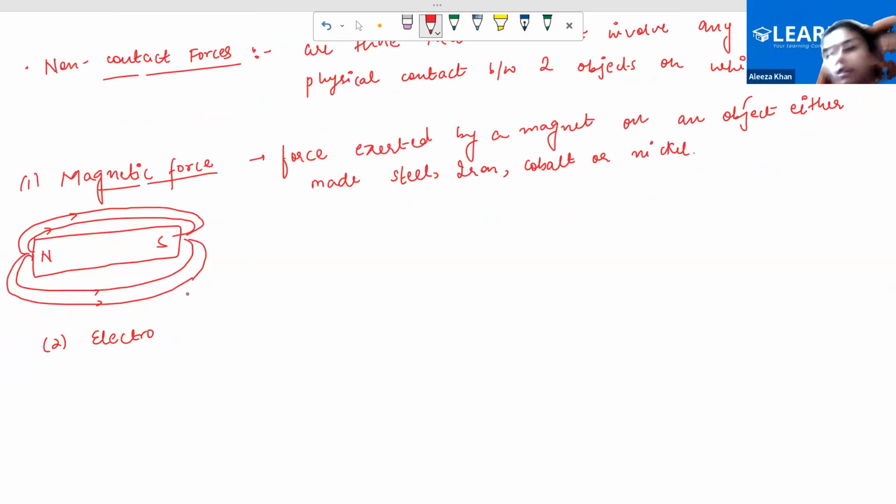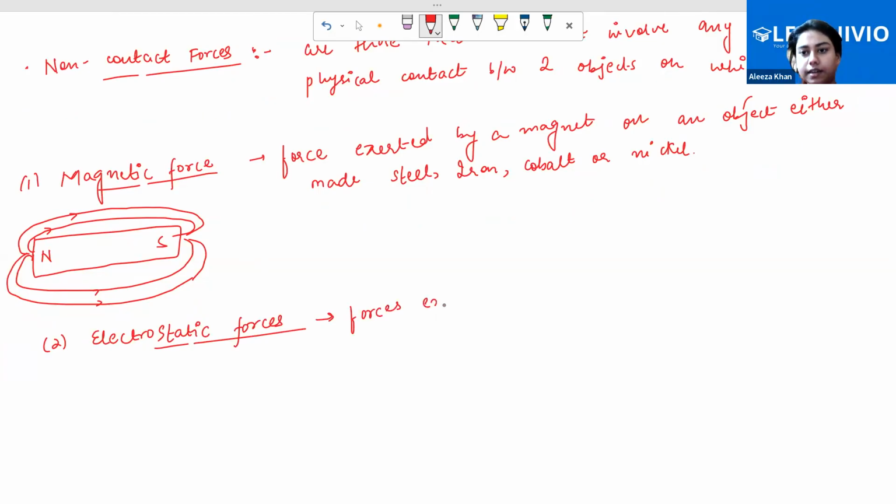So these are the electrostatic forces exerted by a charged body on another charged body.